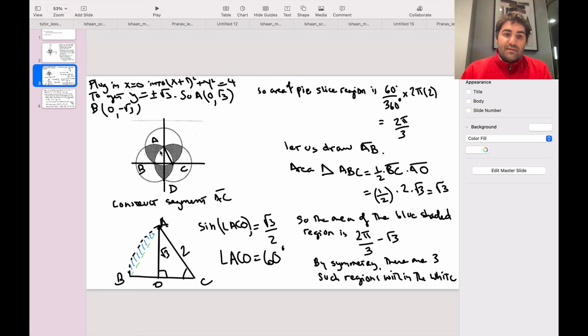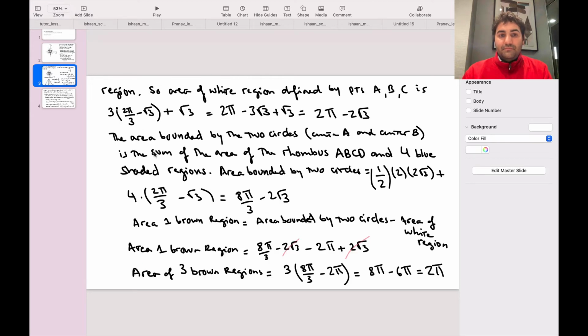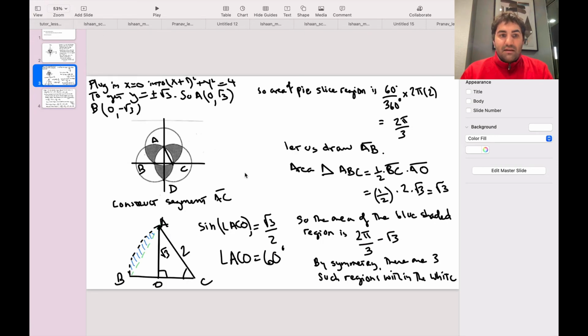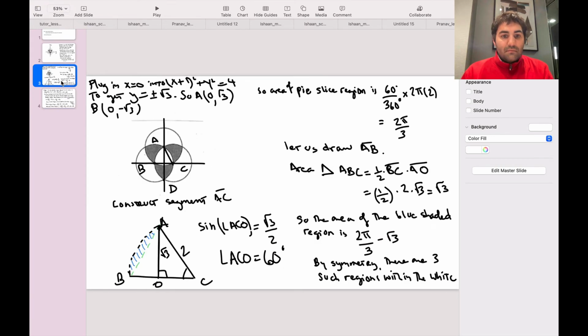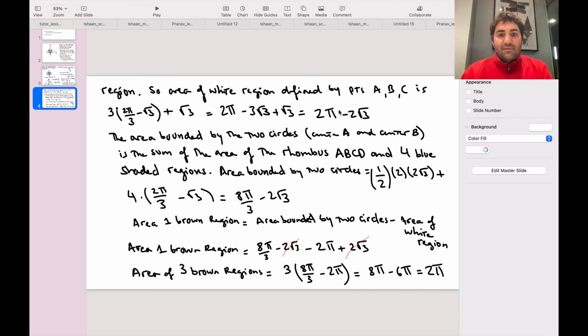So the white region is this thing here, A, B, C. So the area of the white region defined by points A, B, C is going to be 3 times this value of the blue region, because there's 3 of those regions, plus root 3, which is the area of triangle ABC. And if we simplify that, we get 2 pi minus 2 times root 3.